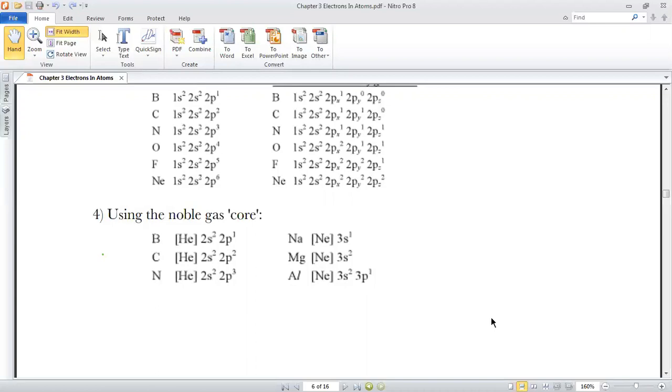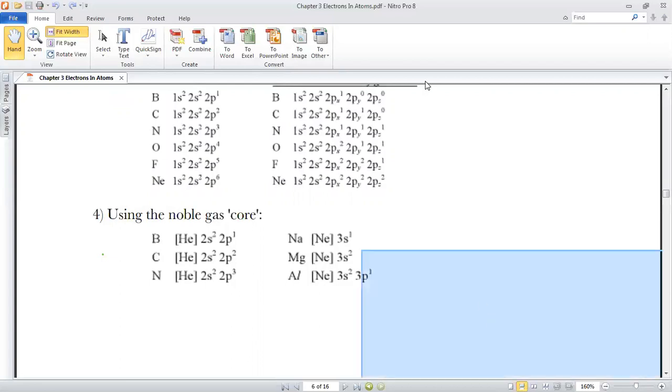And then there is only the outermost shell, principal quantum number 3, 3s, and it has 1 electron. So instead of writing the complete electronic configuration of 1s2, 2s2, 2p6, 3s1, we can write it just like [Ne] 3s1. Magnesium is [Ne] 3s2 because it has 12 electrons. Aluminum again has 13, so it has [Ne] 3s2 and 3p1.